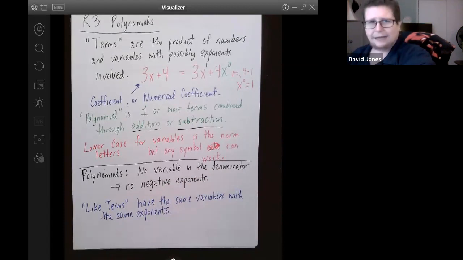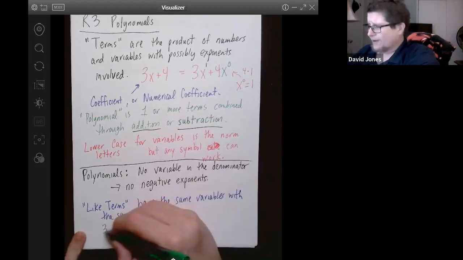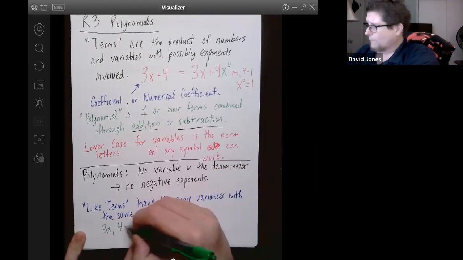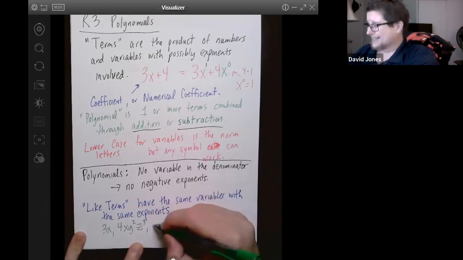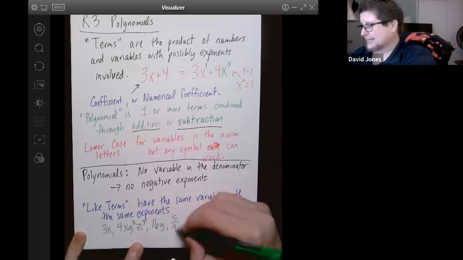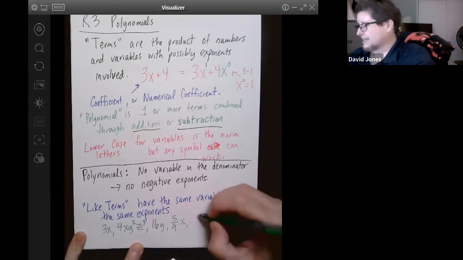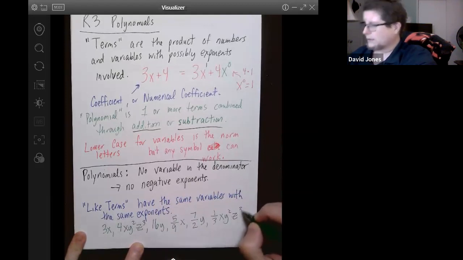So let me write down a list of them and we'll show which ones match up. We've got 3x, 4x, y squared, z cubed, I've got 16y, 5/9 x, 7/2 y, and maybe 1/3 x, y squared, z cubed.